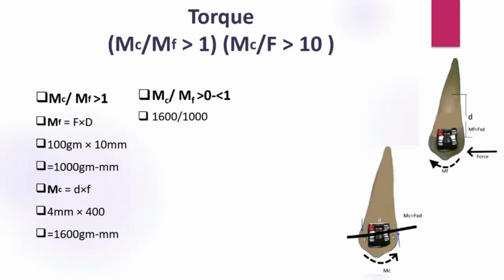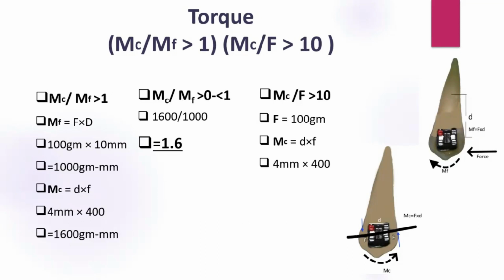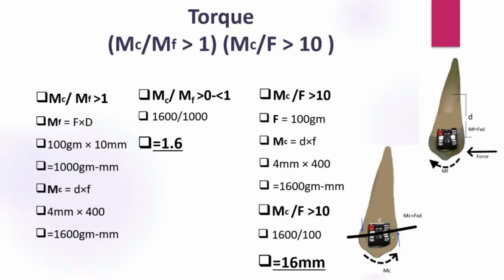So here moment of couple to moment of force ratio is greater than 1, that is 1.6. For moment of couple to force ratio greater than 10, we need the same moment of couple of 1600 gram millimeter, which divided by force will become 16 millimeter, or 16.